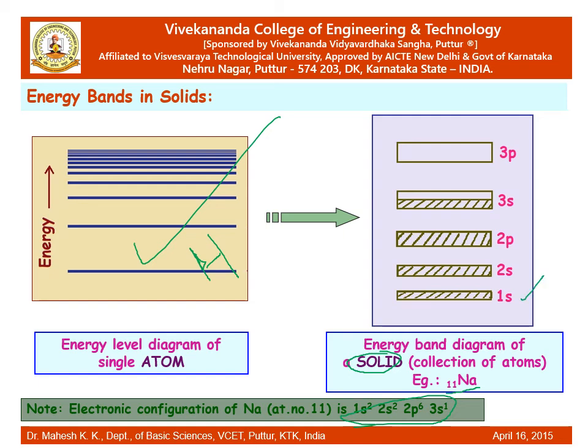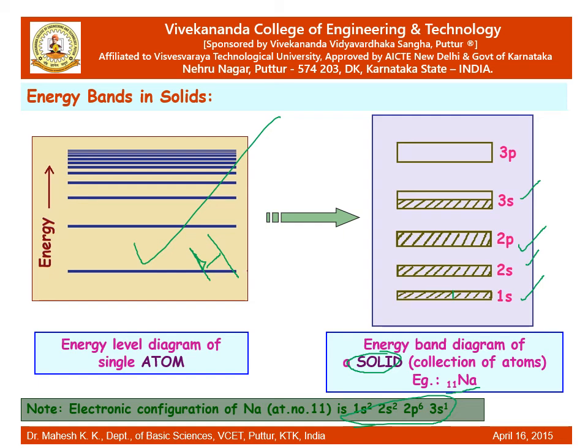So I'm just writing it here. So all those things are written here. The electrons which are present in the s orbital are going to have values in this energy band, because individual atoms in a solid are going to have distinctive energy values.